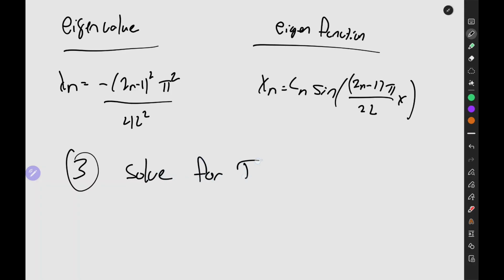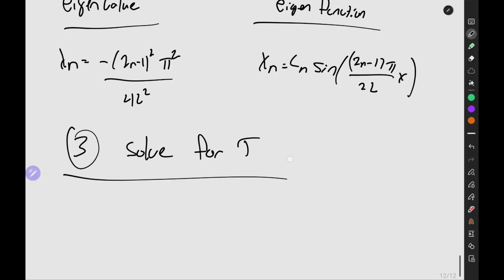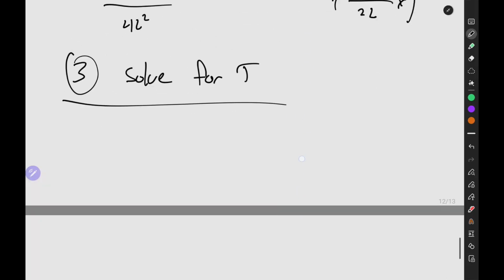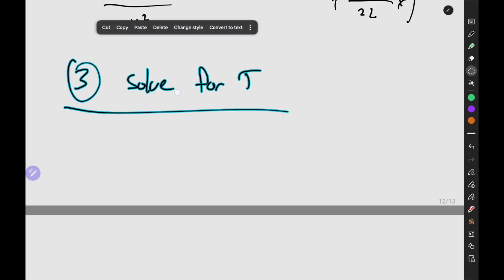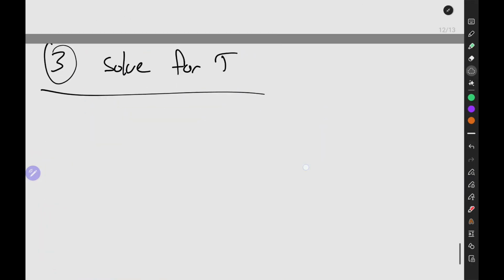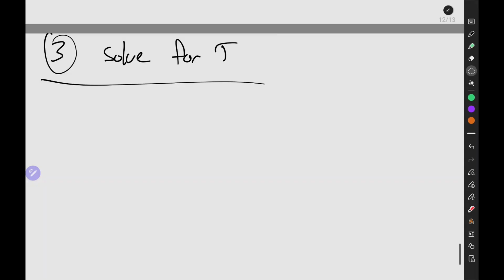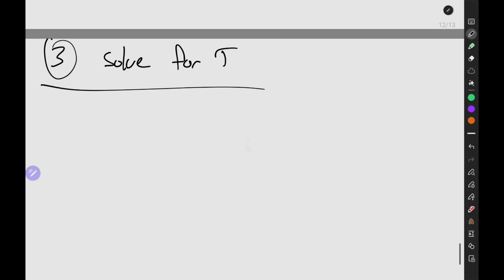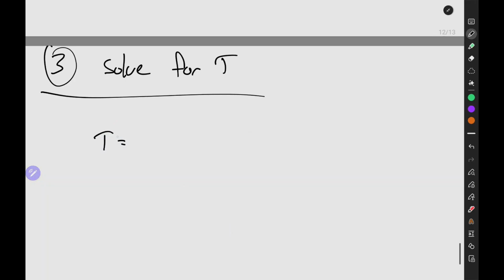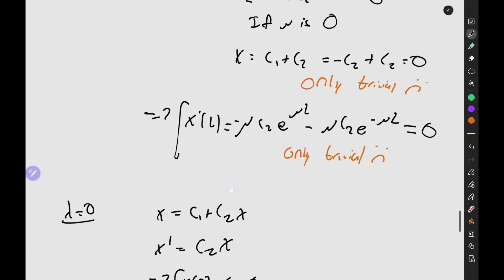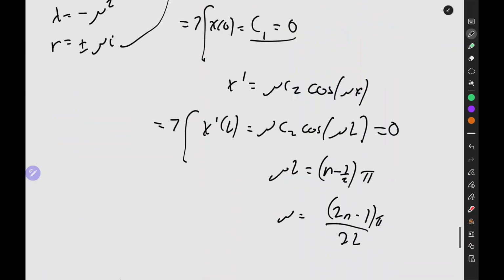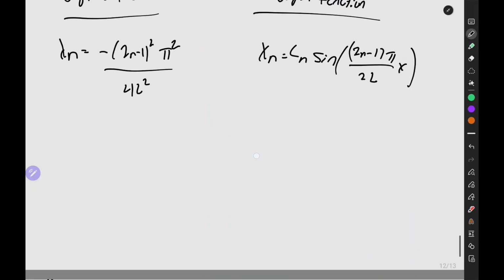Now step 3, solve for T. Might as well just go down to the next page. Okay. Do I remember what the T equation was? Of course I do. I'm going to move over to the right side, so it's minus alpha squared times lambda times little t.